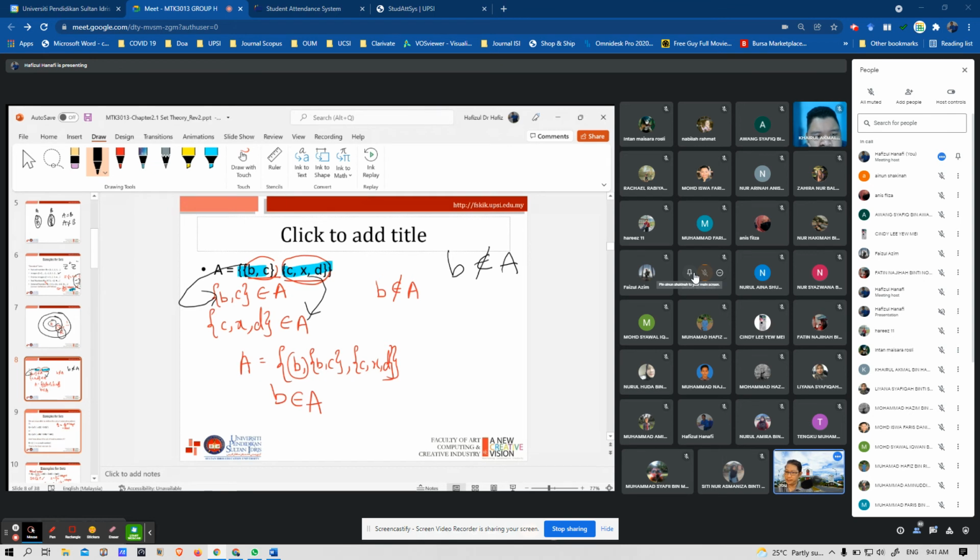If we have B like this, you can say B is a member of set A. But if, let's say, C is also not a member of A, you must define the element inside the set. Therefore, you can have the conclusion that B is a member of set A. This one you must bear in mind.